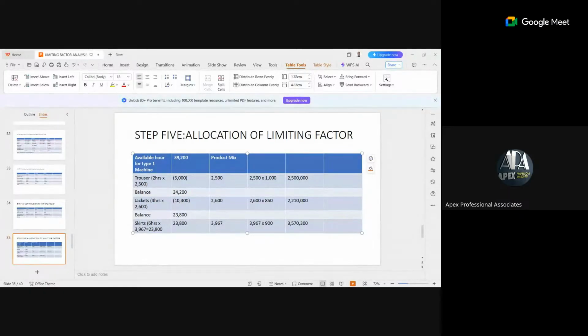So how do you get the units you are to produce from that particular balance? How many hours do you need to produce one unit of skirt? 6 hours. So 23,800 divided by 6 hours, you have 3,967. So that is how you derive that.